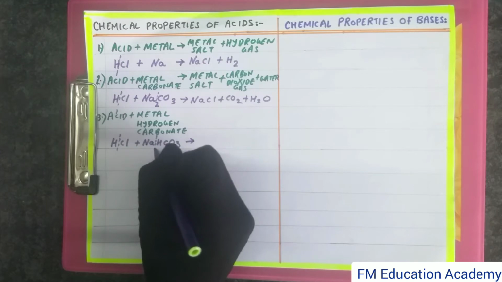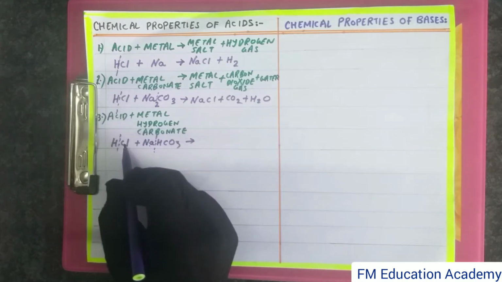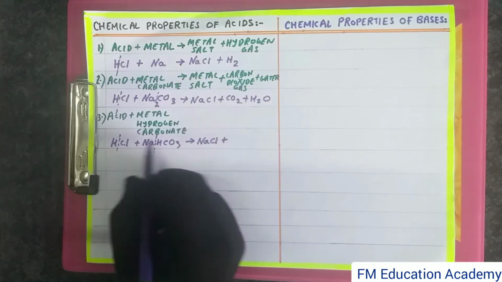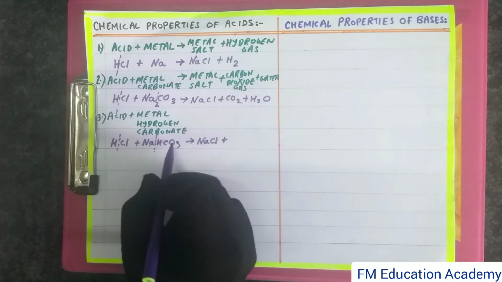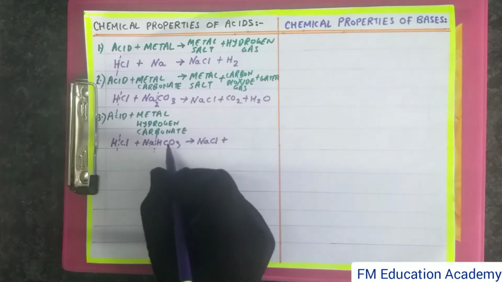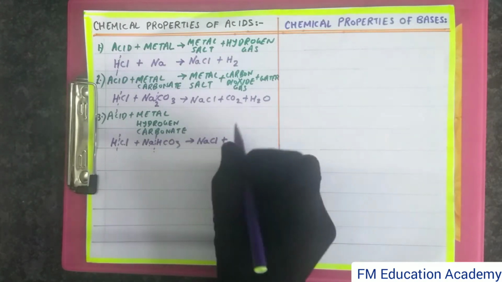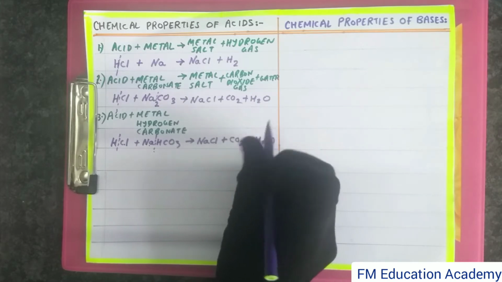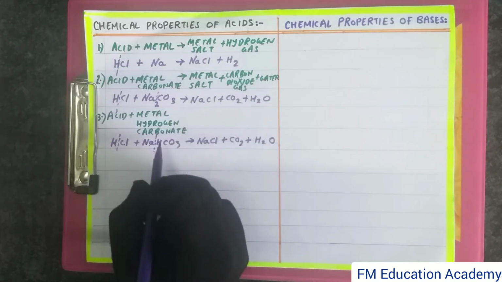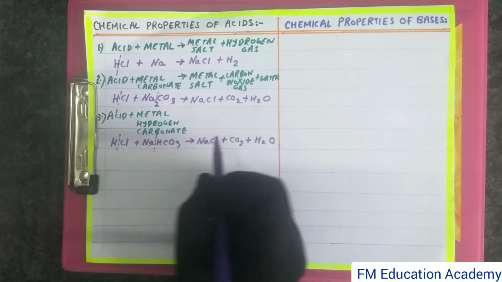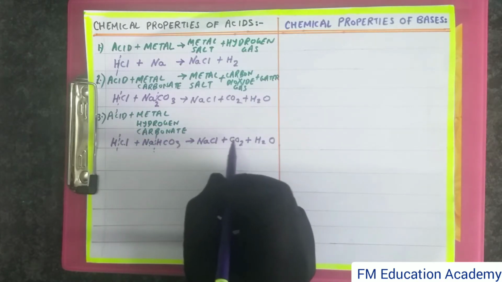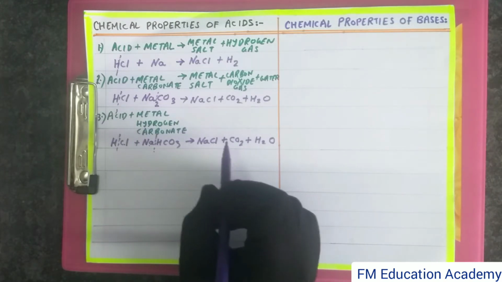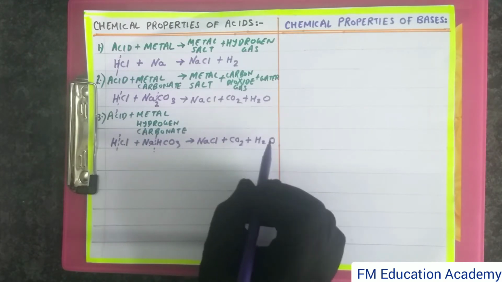Sodium combines with chlorine to form sodium chloride NaCl, and then 2 hydrogen atoms and 1 oxygen will form water, and similarly 1 carbon and 2 oxygen atoms will form carbon dioxide. NaCl is metal salt, CO2 is carbon dioxide, and H2O is water. So acid plus metal hydrogen carbonate gives rise to metal salt plus carbon dioxide gas plus water.